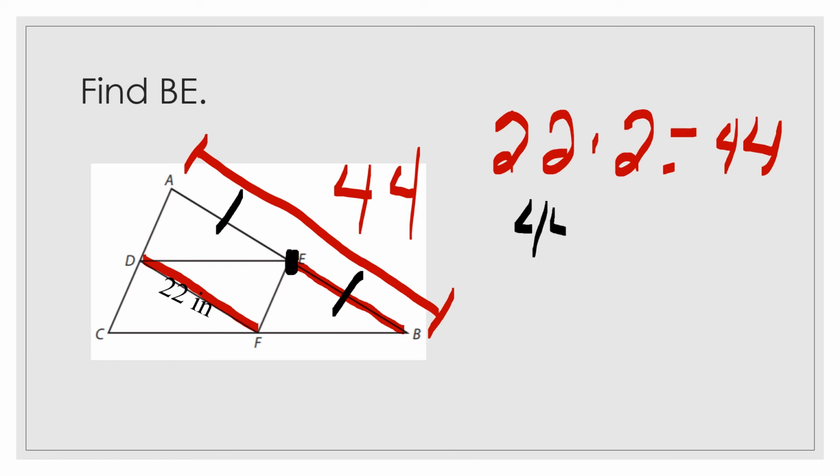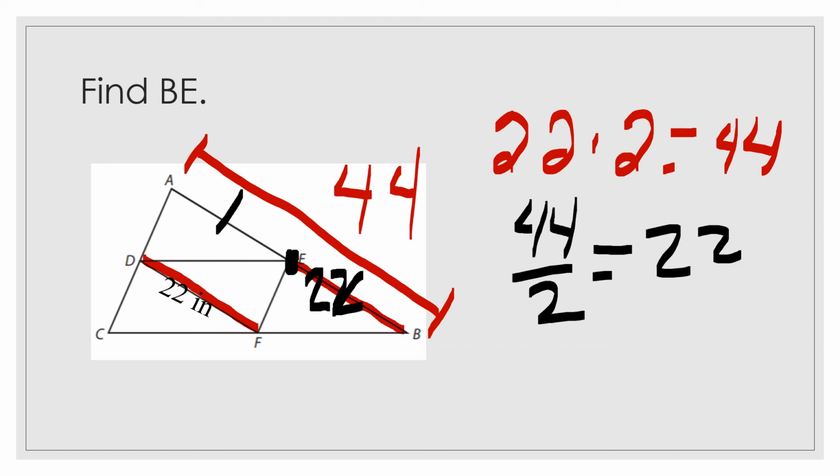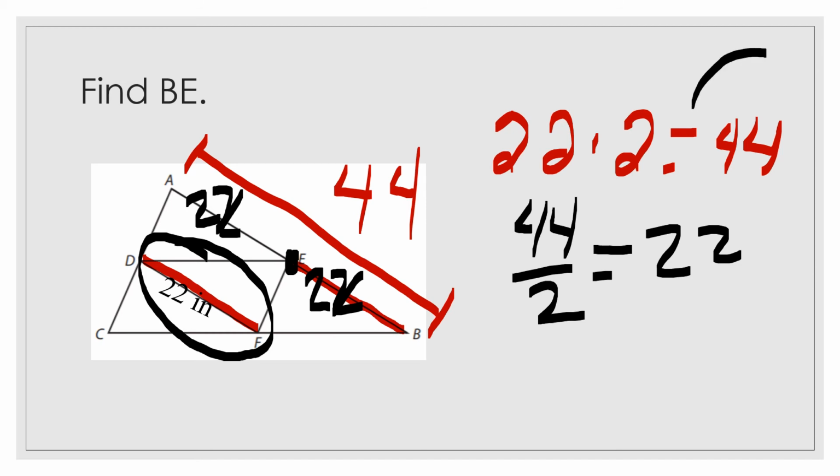If I divide 44 by 2, we'll end up with 22, which is this segment and also this segment. Notice that the midsegment is those lengths. So we don't have to go through this process anymore. We just have to remember that the midsegment is half of the base. You divide by 2.